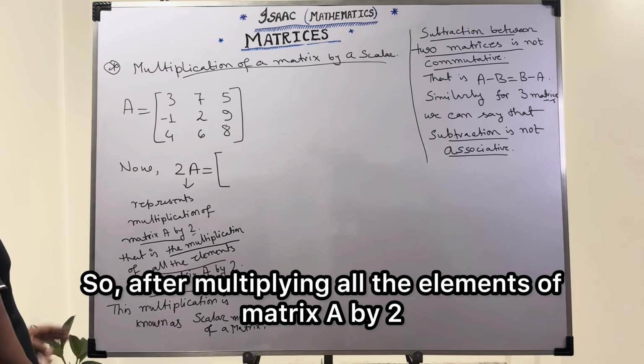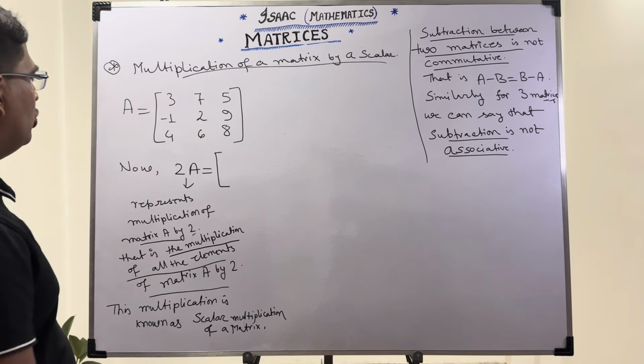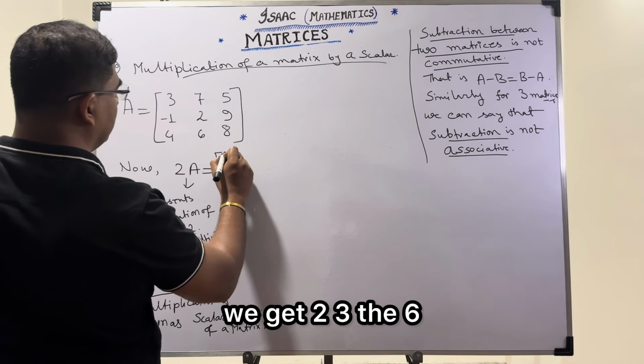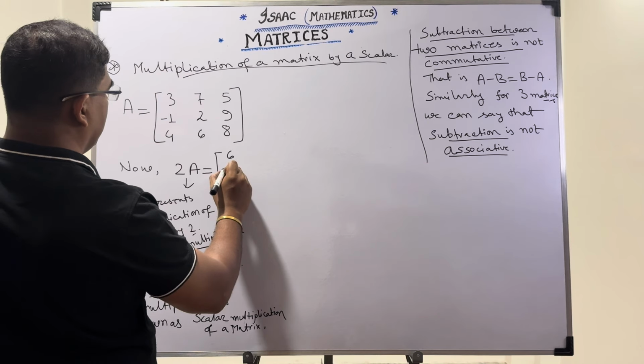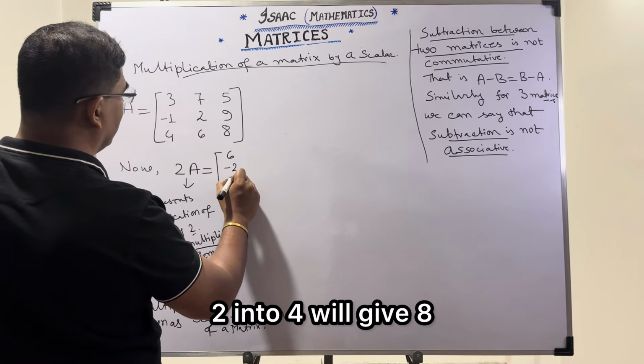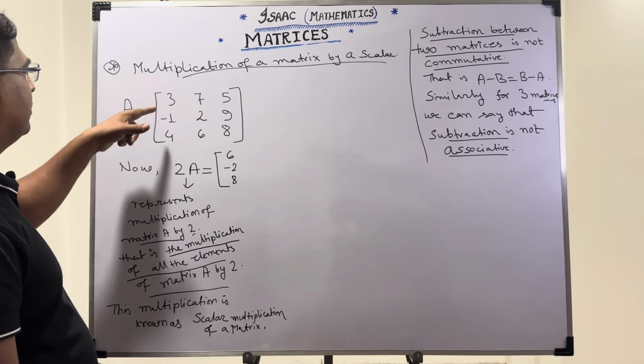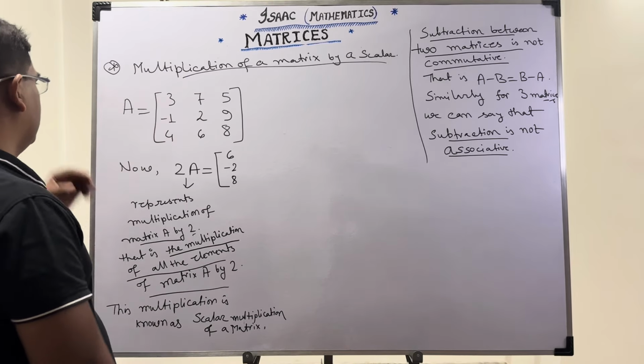After multiplying all the elements of matrix A by 2, we get 2 3s are 6, 2 into minus 1 will give minus 2, 2 into 4 will give 8. So along first column we have 6, minus 2, 8.